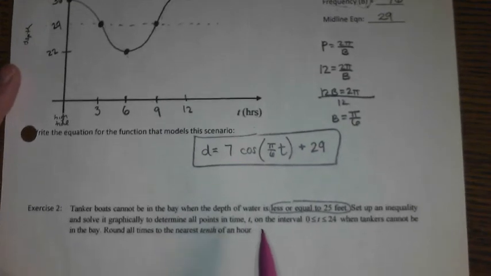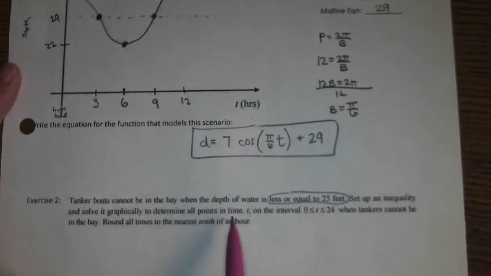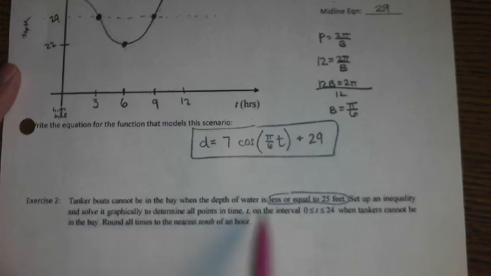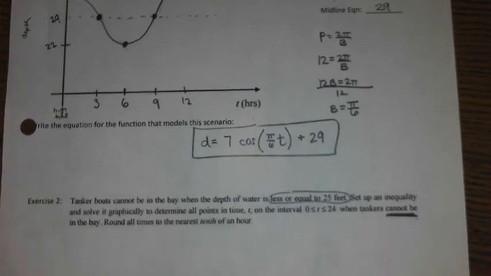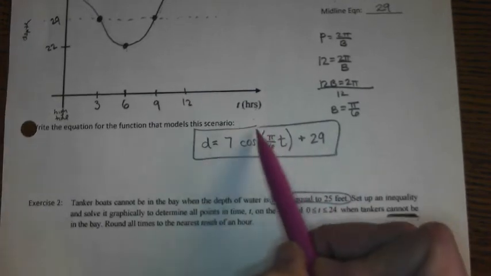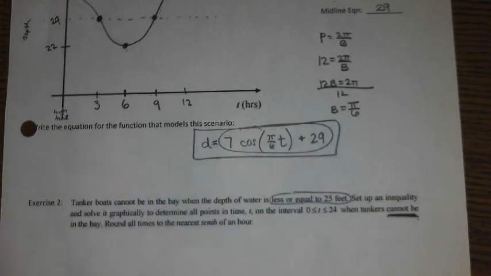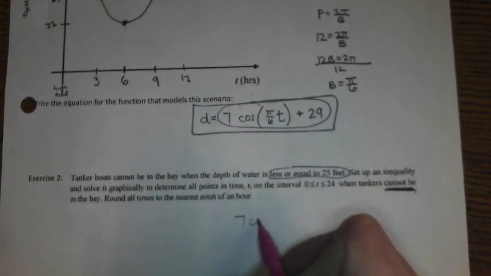So we need our depth. We're setting up an inequality and solving it graphically to determine all the points when tankers cannot be. So the tankers cannot be in the bay if this depth is ever less than or equal to 25. So here's your depth.